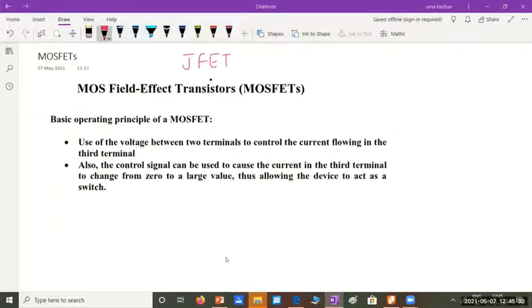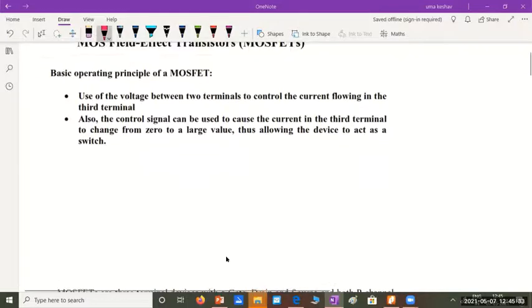So if you remember the basic operation, how many terminal device? FET is three terminal device, correct? So what is the simplest analogy which I can use for FET? What is the analogy which we normally use?